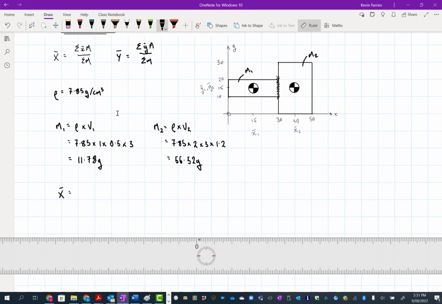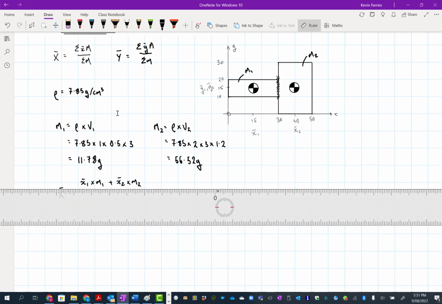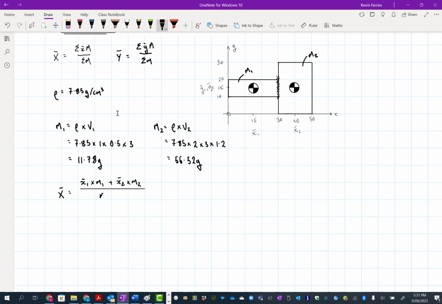so the centroid of the whole shape is just equal to the sum of the masses times the centroids of the simple shapes. So we're going to do x1 centroid times mass 1 plus x2 times mass 2, the mass of shape 2, so the mass of the bigger block, divided by the sum of the masses, so m1 plus m2.